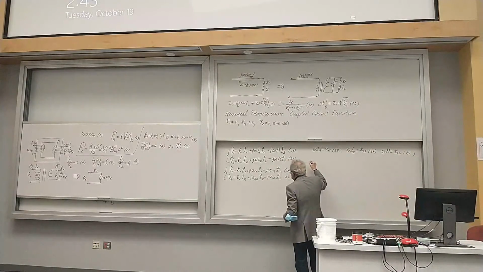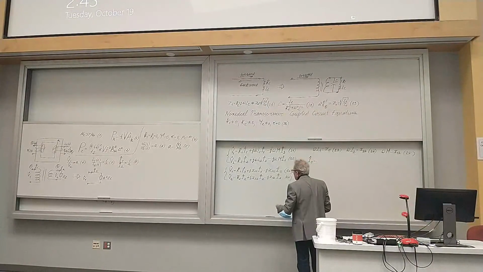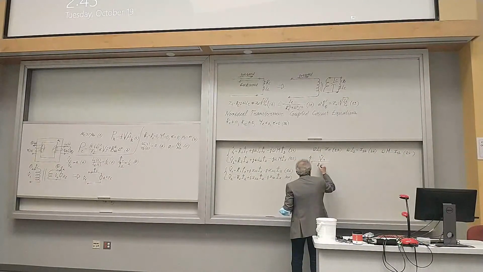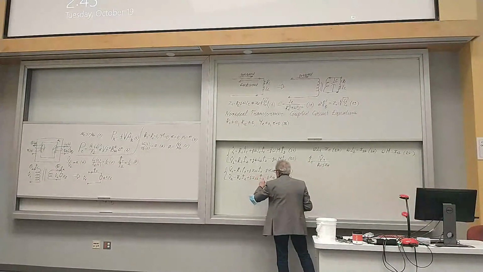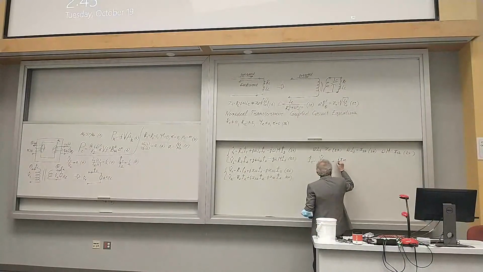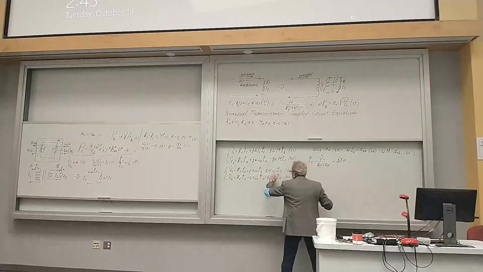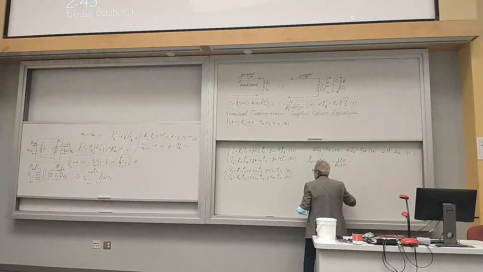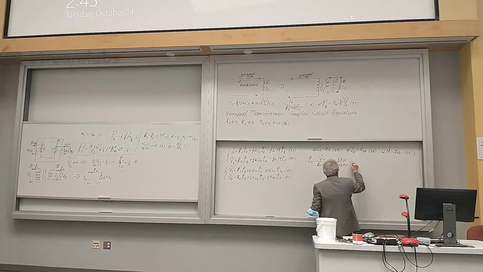So if I do this, I will find that the current I sub 1 will be equal to this voltage V sub 1 divided by this coefficient, obtained by factoring out I sub 1, plus J X sub 1, 2, divided, plus because I moved it to this side, by the same number R sub 1 plus J X sub 1, 1, and this will be dependent on I sub 2.